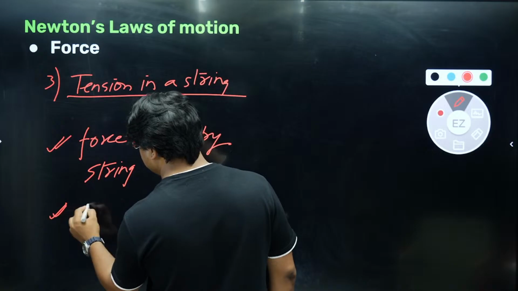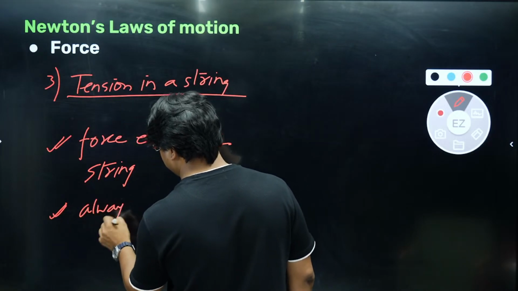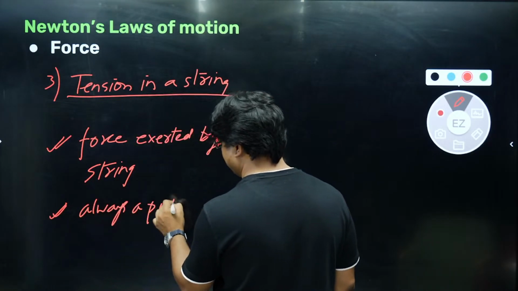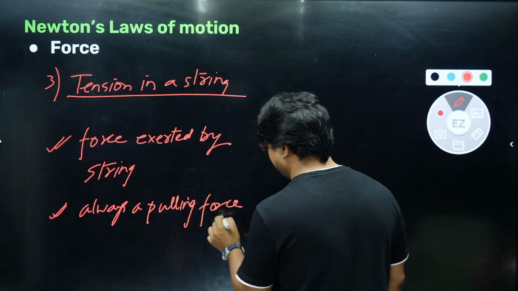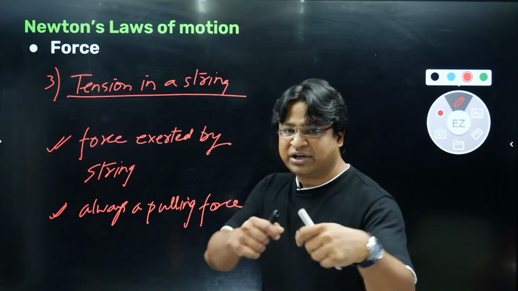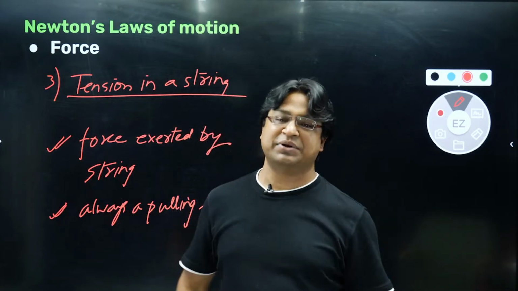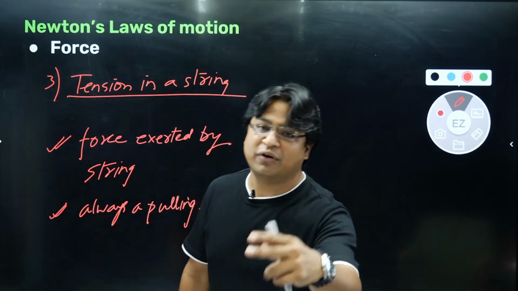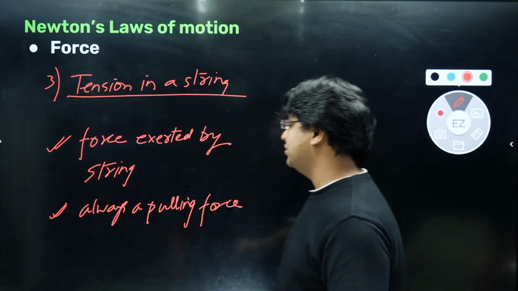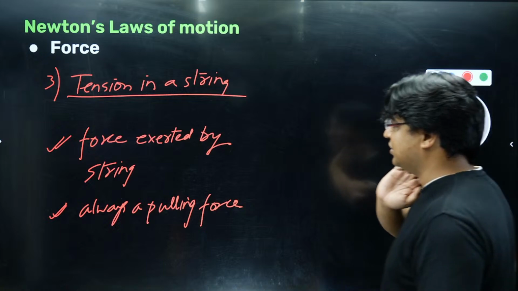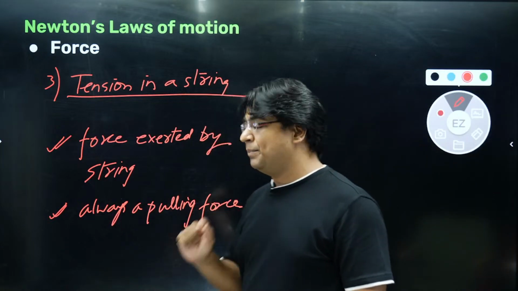Tension is always a pulling force. What does that mean? You can't really tie a thread to someone and then push that person using the thread. The thread will fall loose if you try to do that, but you can still pull the person using the thread. So the force exerted by the thread, that is the tension, it's always a pulling force.